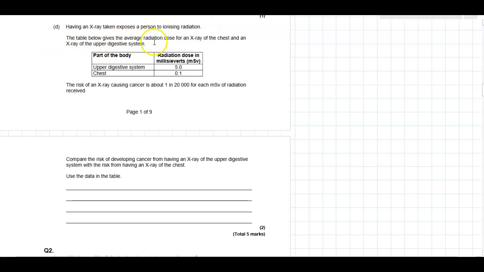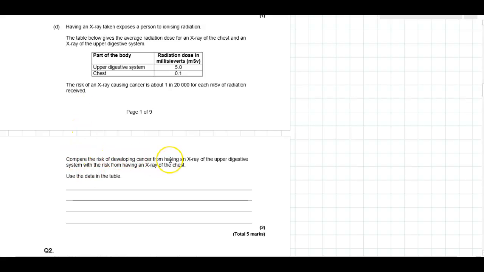The table below gives the average radiation dose, that means how much you get, for an X-ray of the chest and an X-ray of the upper digestive system. Here we go. We've got some facts. The risk of an X-ray causing cancer is about 1 in 20,000 for each millisievert of radiation received.